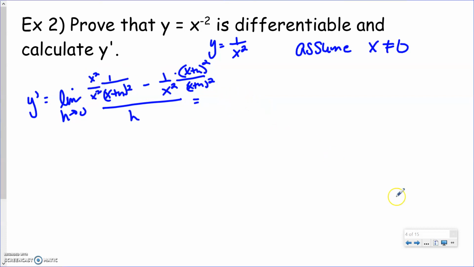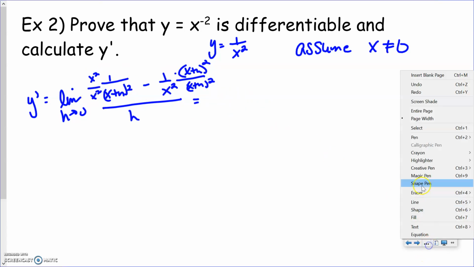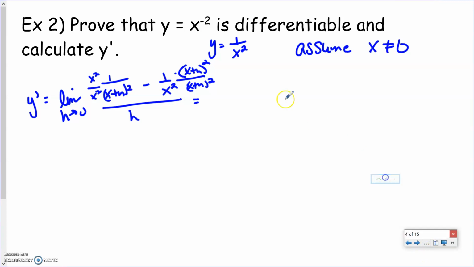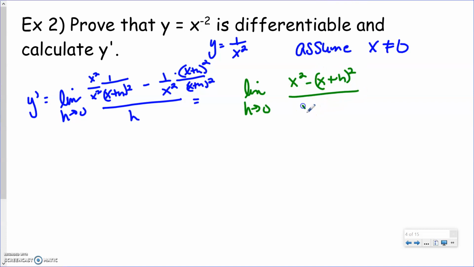Then we have the limit as h approaches 0 of x squared minus x plus h squared, over x squared times x plus h squared, over h. I'm going to multiply this numerator out off to the side so that you have that.